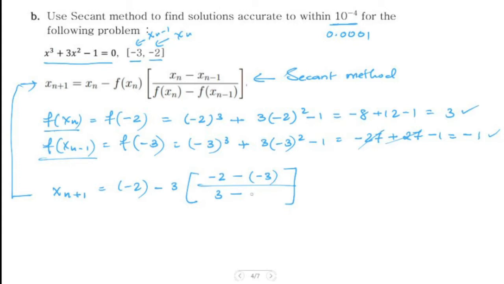We'll write it like that. And when you solve this part, what you get is minus 2.75. So that's our first value for xn plus 1. Now we can find f of xn plus 1.